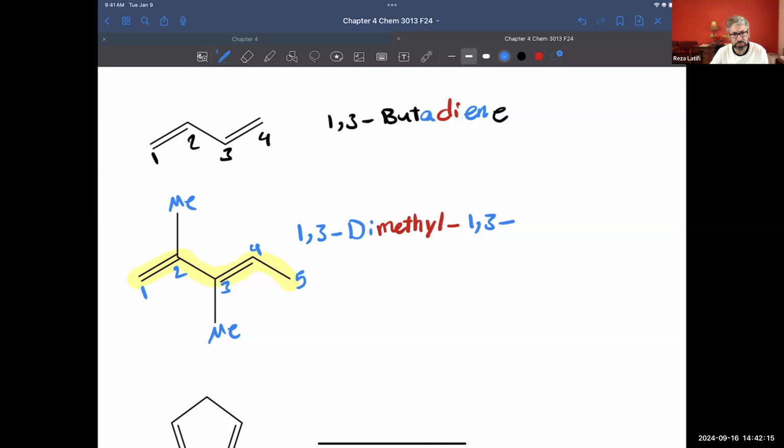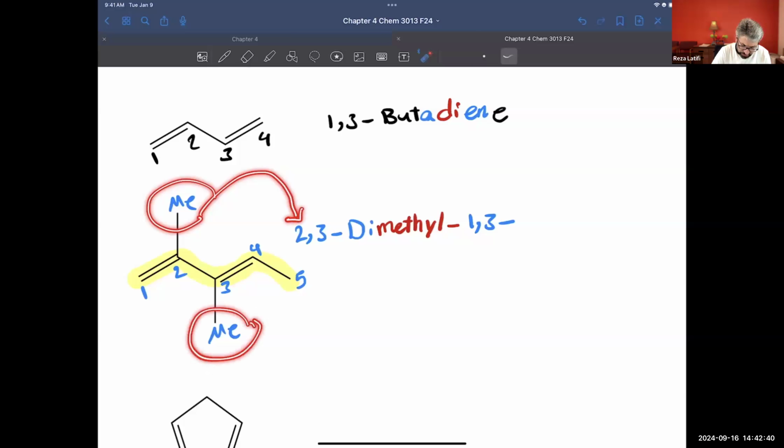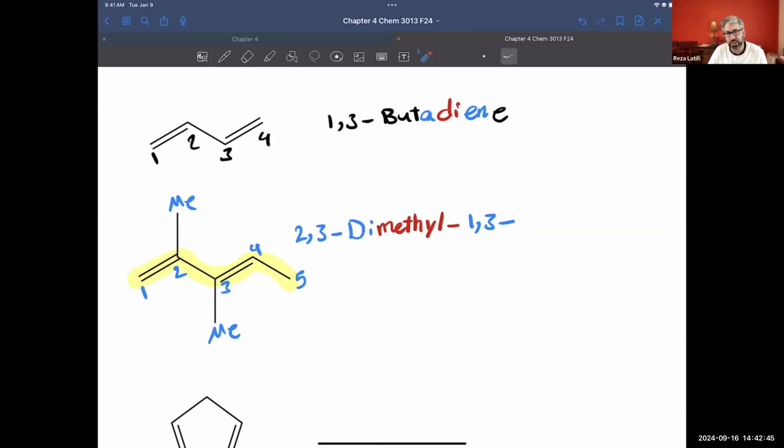Forgive me, the methyl was on 2 and 3, so it should be 2 and 3, not 2, 1, 3. 2 and 3, dimethyl. The first methyl is on the second carbon, and the second methyl is on the third carbon. Okay, it's 2 and 3, dimethyl.